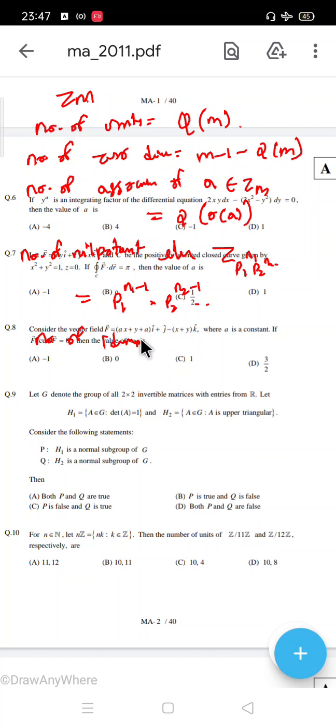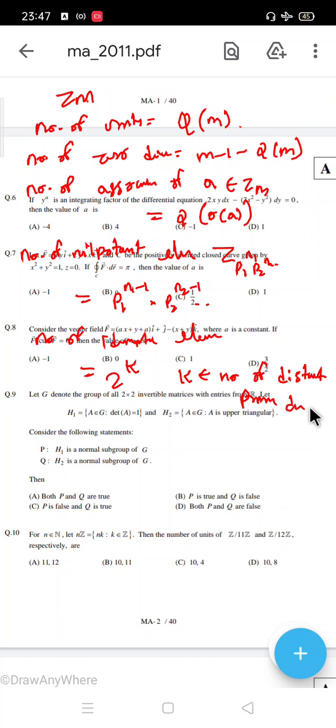And the number of idempotent elements in Zm is equal to 2 raised to k, where k is the number of distinct prime divisors. Okay, these are all the things. And one more is there, what is that?